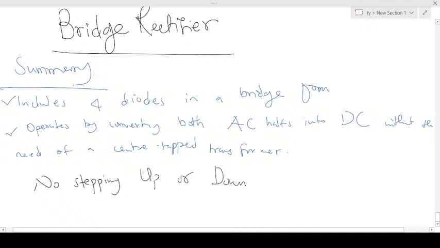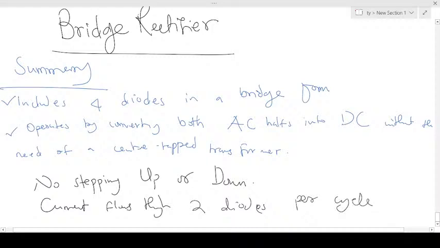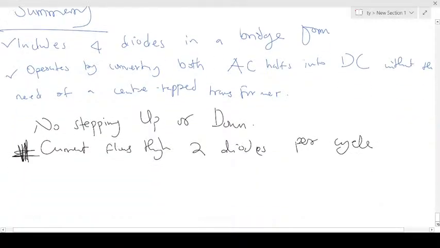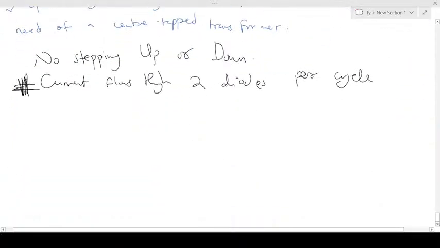So 2 of the diodes are forward biased and 2 of them are reverse biased in every half cycle. This makes the bridge rectifier more compact and more efficient.